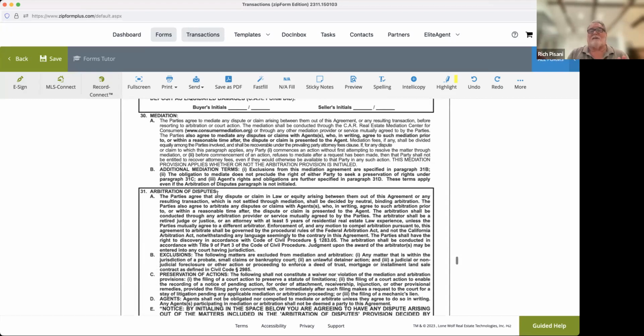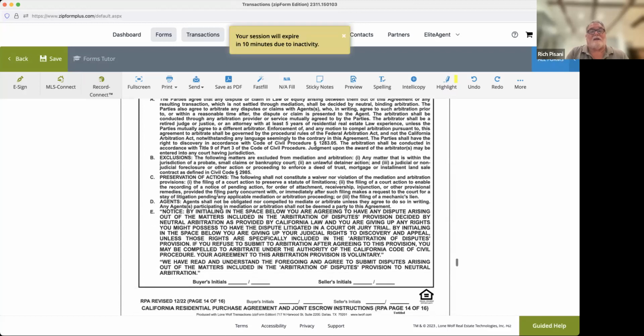Now everything goes to mediation. That's not negotiable. That's the first step, mediation. Then it's arbitration. So this is another choice that the buyers and sellers have to make as to whether to agree to arbitration. We can't advise. They should get their own advice.